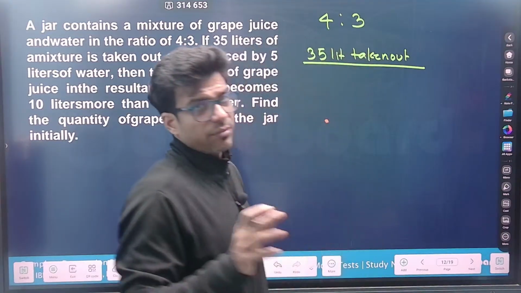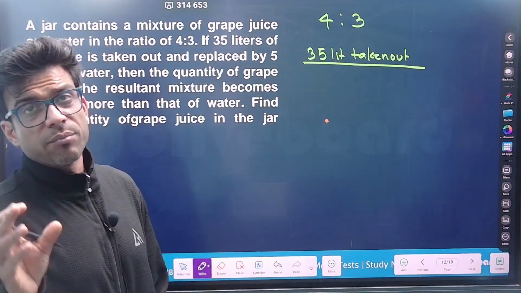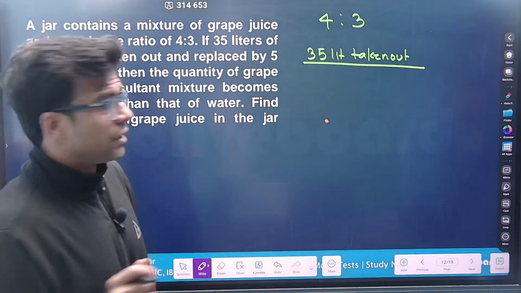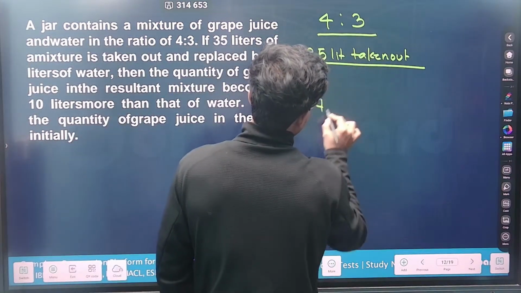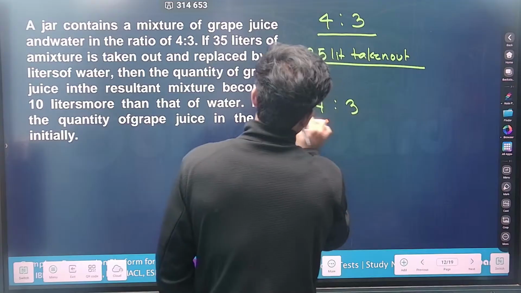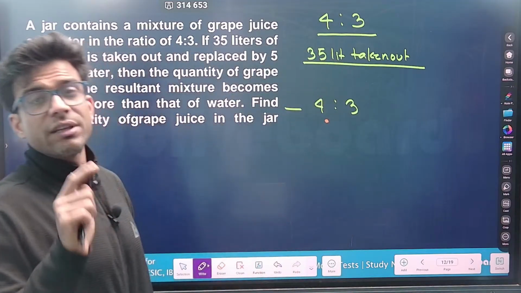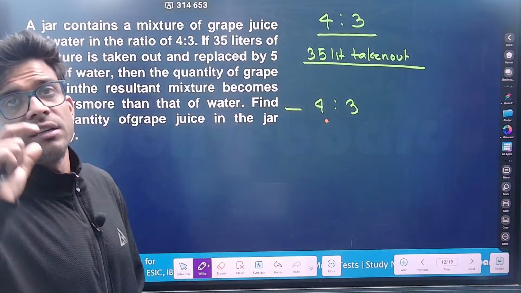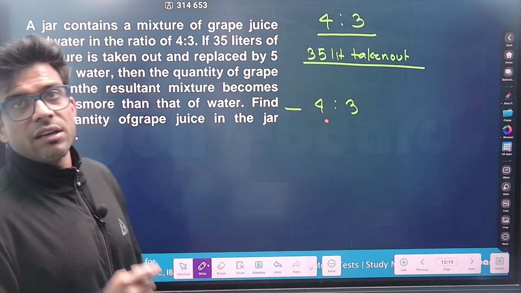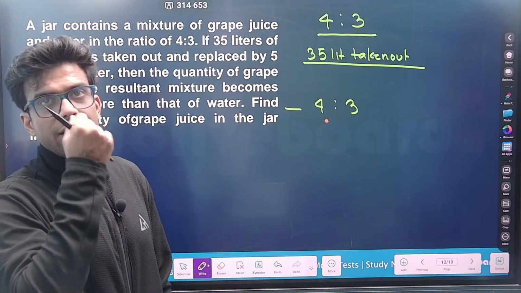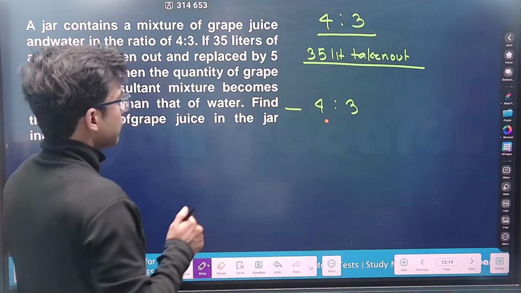Now this problem becomes a bit difficult. Why? Because the ratio will remain the same after anything is taken out. Try and understand what they are saying. Let's assume the quantities are 4a and 3a.